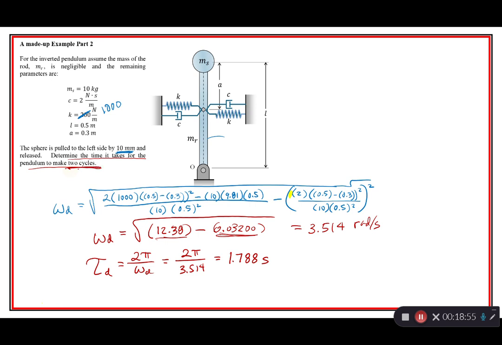But it says 2 cycles, right? So cheater, I decided to go 2 times 1.788, and we're left with 3.576 seconds. I think I wrote this wrong before, and it should have been, I wrote 3.572, but you know, 3 sig figs is good enough. Only off by a little bit.